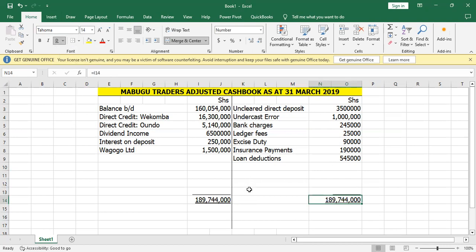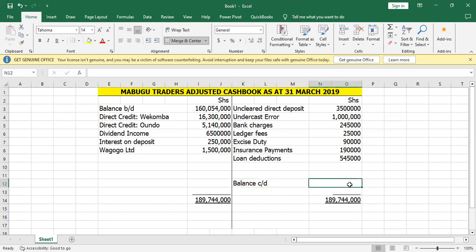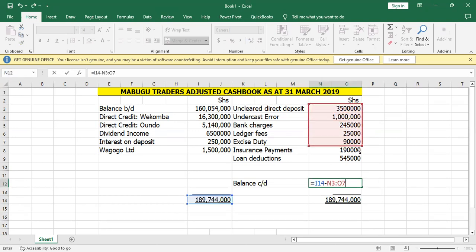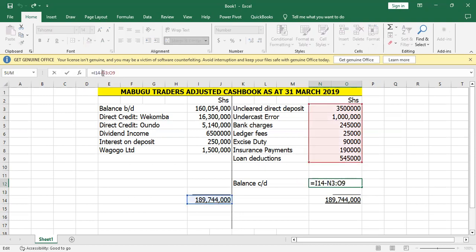But now we have to insert. So I'll say balance carried down, and I'll simply get this. Put simply, the format will be this total, then minus all these amounts on the credit. This gives us how much? Need to adjust my formula.